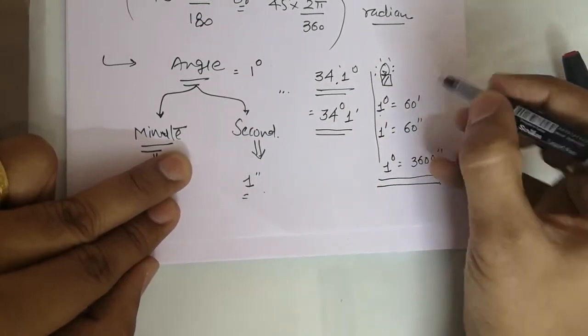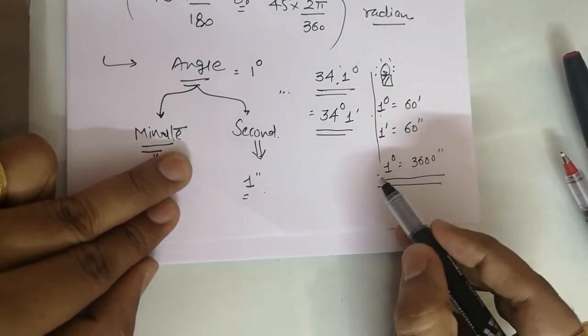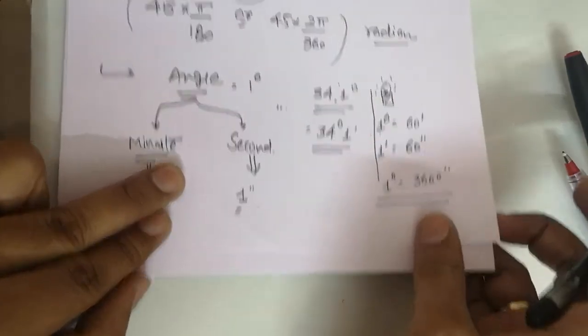Remember: 1 degree is 60 minutes, 1 minute is 60 seconds, and 1 degree equals 3600 seconds. In the next clip, we will learn how to convert such an example.